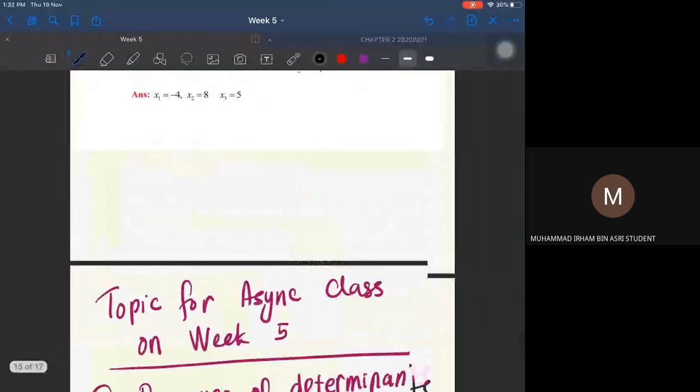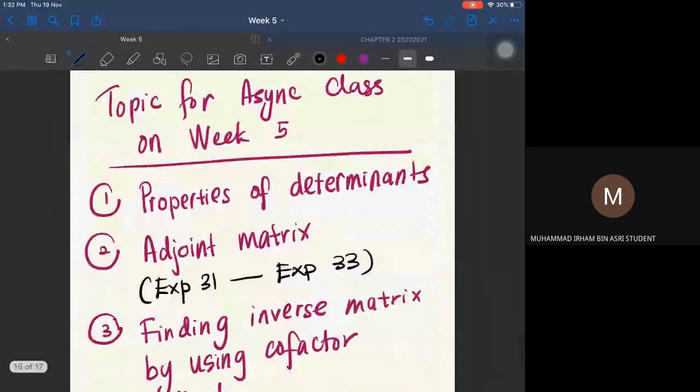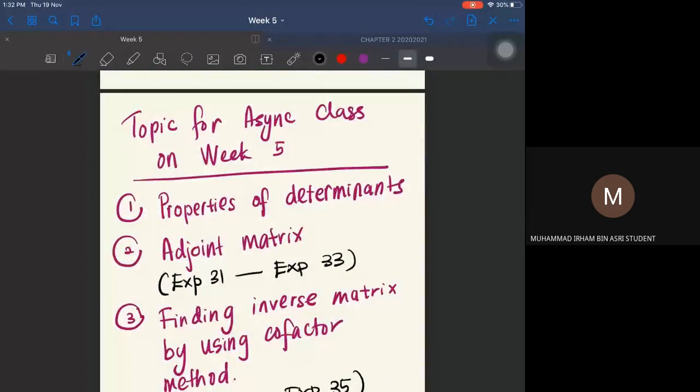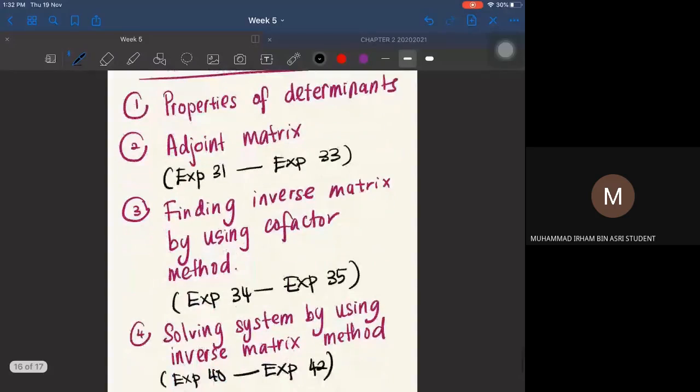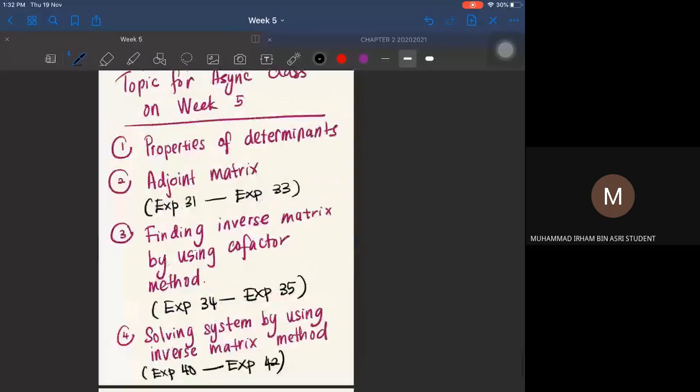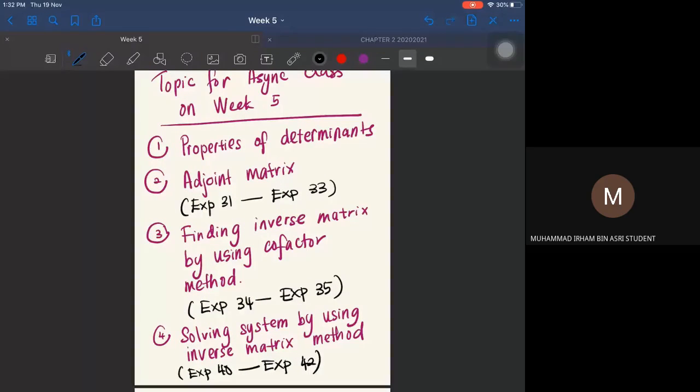So that's all. So these are the topic for asynchronous class on week 5. Okay, you have to cover on your own for the properties of determinant, how to find the adjoint matrix. So adjoint matrix ni adalah cofactor transpose. You akan dapat adjoint. Okay, how to find the inverse by using cofactor method.